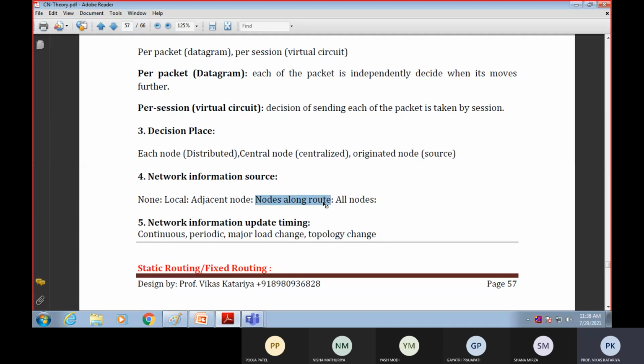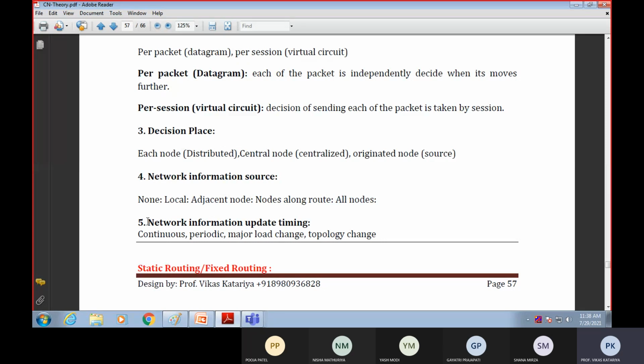Nodes along the route may contain all the details of the nodes that come into the route, and all nodes means it contains all the nodes of the network. So the network information source can be none, local, adjacent, nodes along the route, or all nodes.